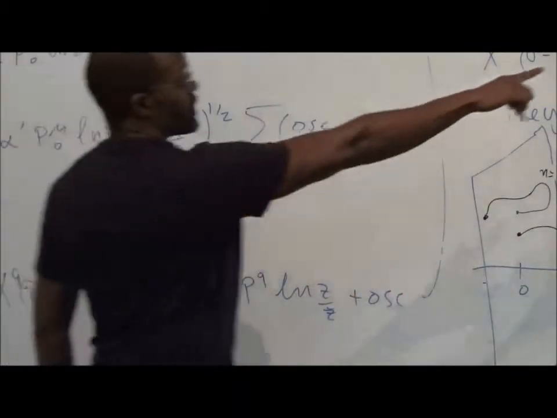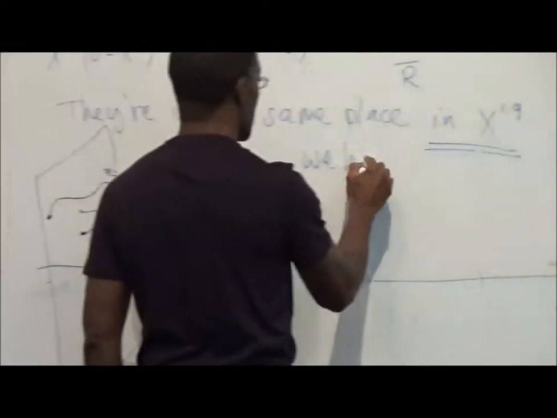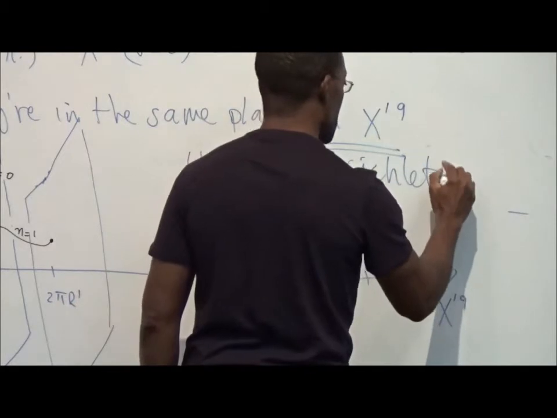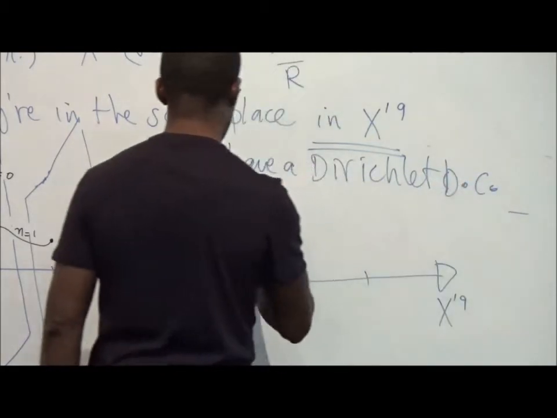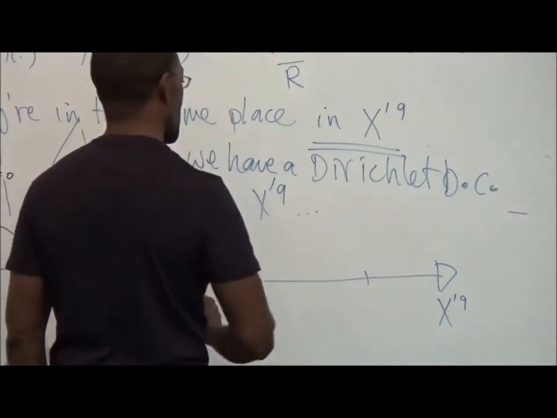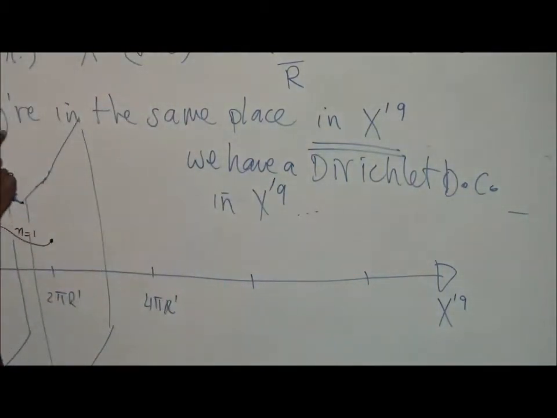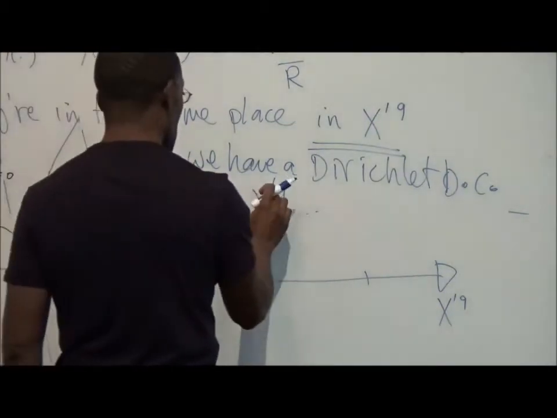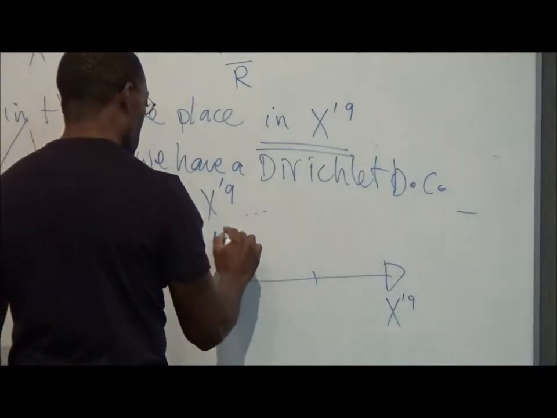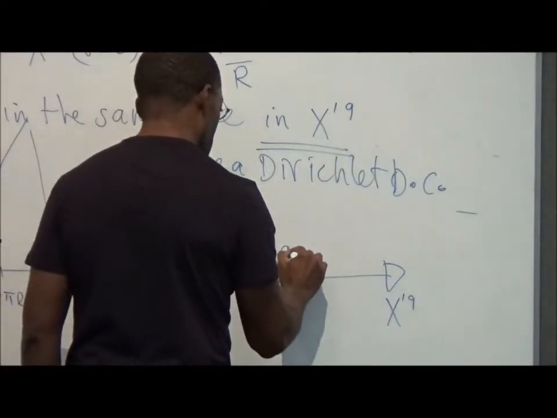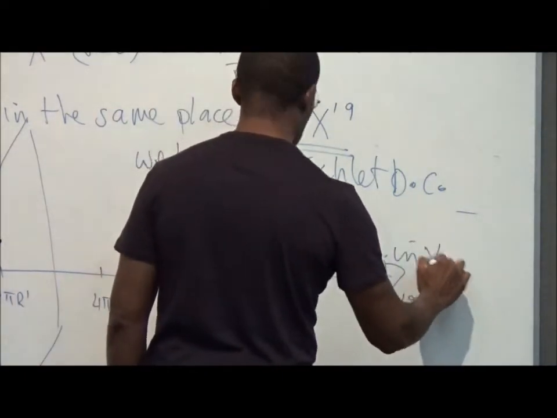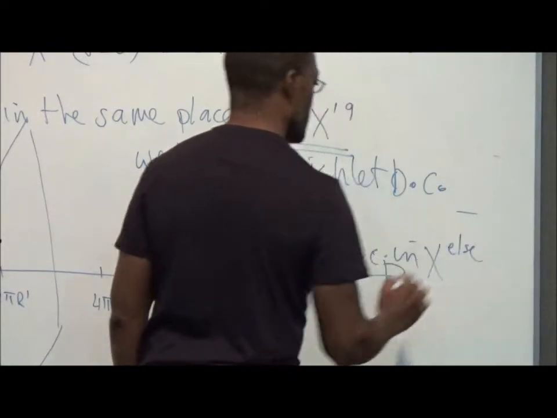So we have a Dirichlet boundary condition, BC, in X9 prime. Right? This is in the X9 prime direction, not X9. In all the other directions we have Neumann boundary conditions, in X else.